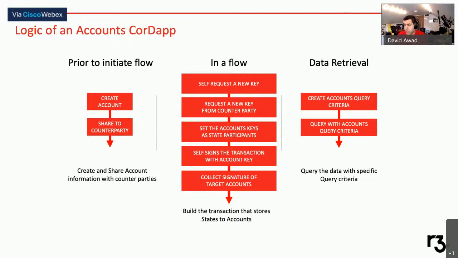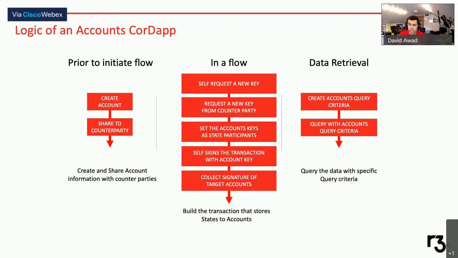The next thing you're going to do is set the account keys as state participants, because this is what indicates who stores the states during this transaction, right? Then you're going to self-sign the transaction with the account key. Depending on the use case, the host node can also add their signature. So if it's the marketing department at Bank Corp, both marketing and Bank Corp itself can sign that transaction. It depends on you and how much information you want to add.